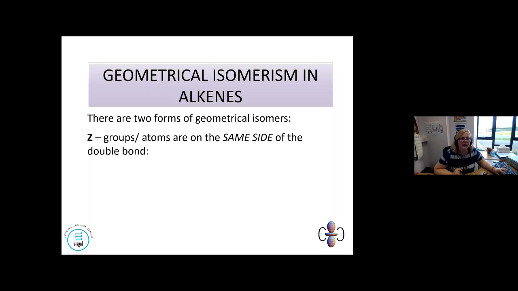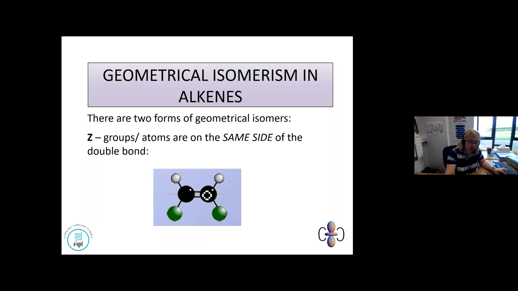Okay, so for a Z isomer you've got a double bond here in the centre, which has limited rotation, so you can't twist it around. You can't take that and rotate it, because it's a bit like handcuffs. If you handcuff both hands together, then you can't untwist the hands.